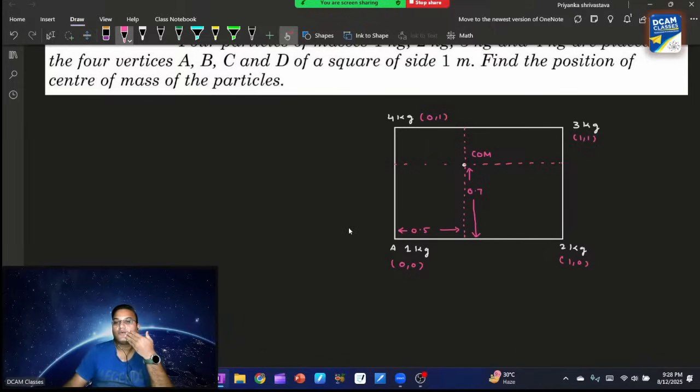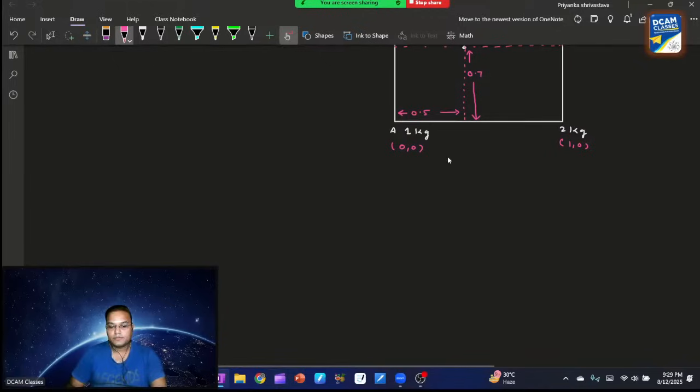Yes, sir, the y coordinate will be different. I got 0.3 y coordinate. That's why I said it depends on which one you have taken as origin. You get the same answer if you take 2 kg as origin, but you won't get the same answer if you take 4 kg or 3 kg as your origin.